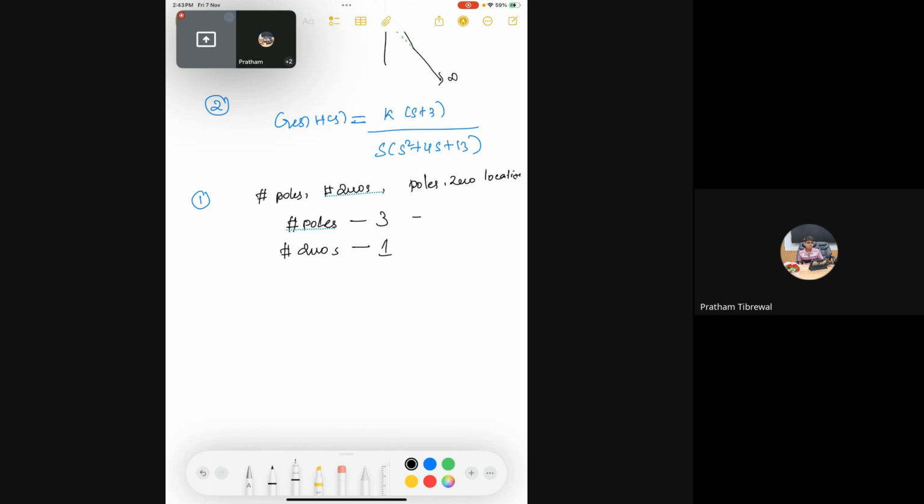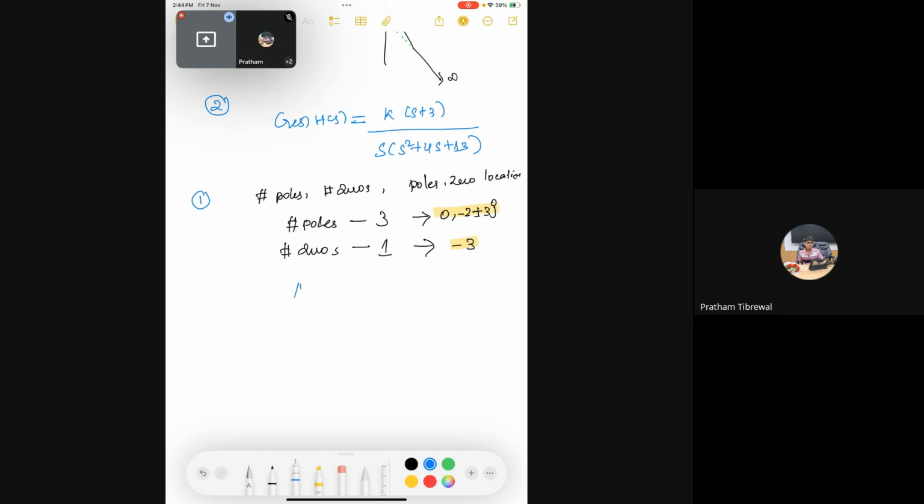The pole locations are 0 and minus 2 plus or minus 3j, since the quadratic is s squared plus 4s plus 13, and the zero location is minus 3. Now these are all your pole locations, right? 0, minus 2 plus or minus 3j, and the zero is at minus 3.